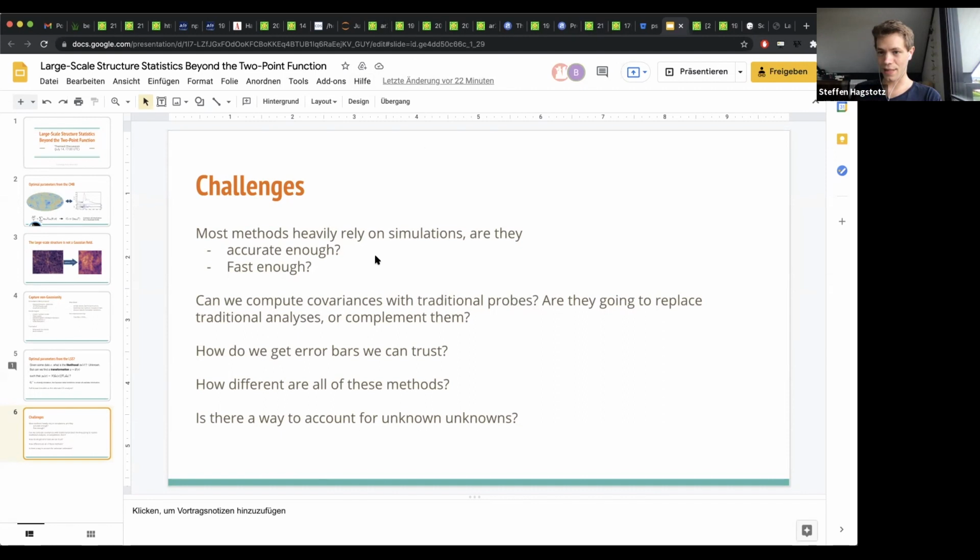And that then leads to the question, are these simulations actually accurate enough? That's really problematic, especially once you go to something like galaxy bias, where we don't know how to simulate that. And are they fast enough? There's a trade-off between those two: our fast simulations are usually less accurate.